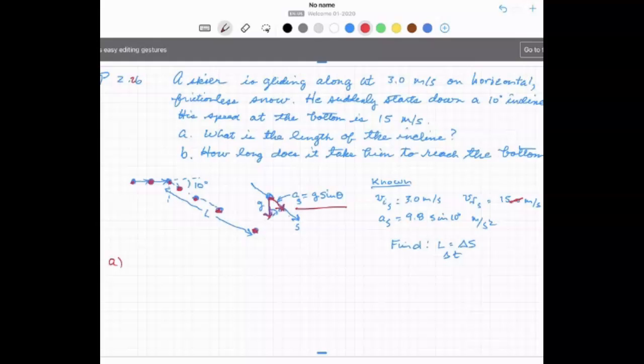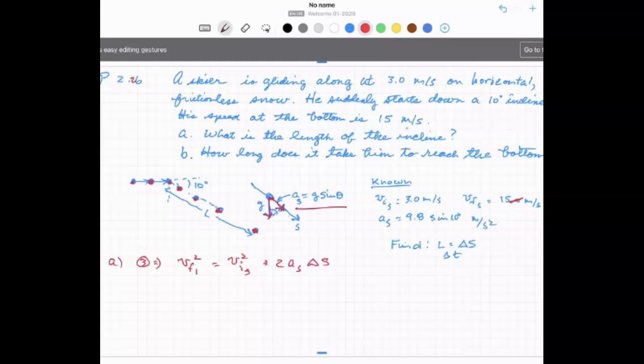So we can use our equation 3, which states that v final in the s direction squared is equal to v initial in the s direction squared plus 2 times the acceleration times the displacement in s. We want to find out what the displacement in s is. So we solve for that.